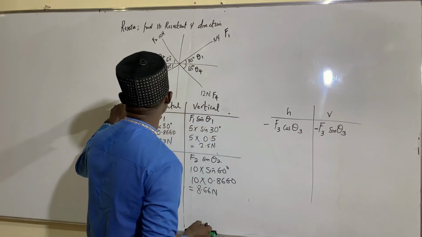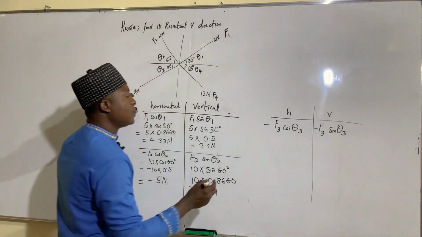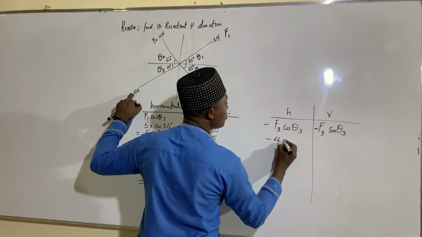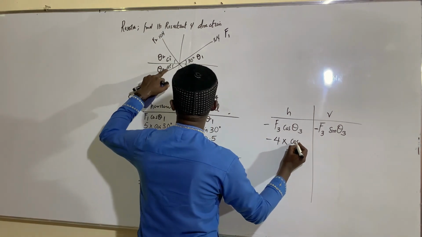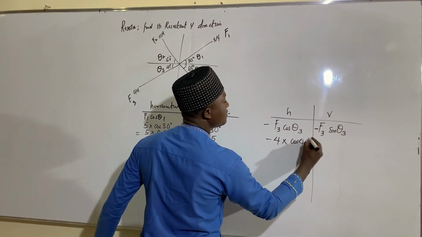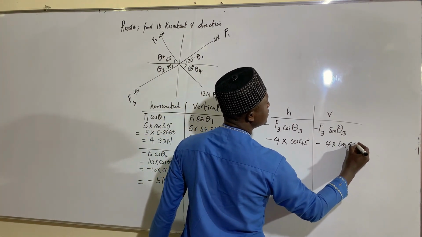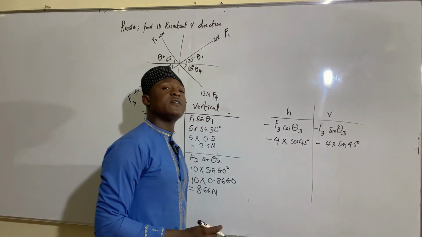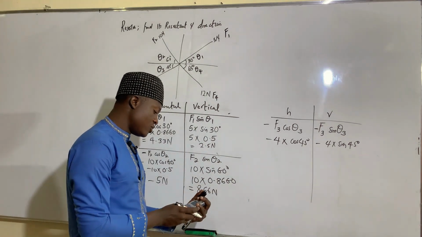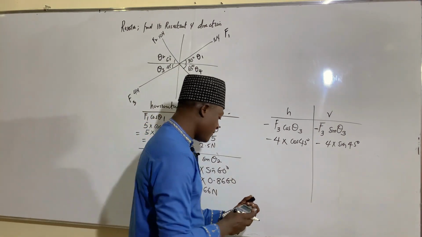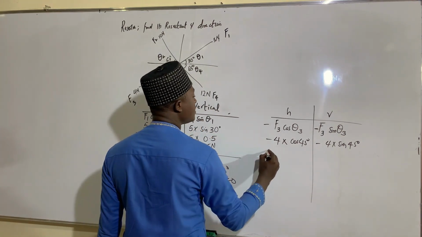So the F that we have in this case is 4. That's going to be minus 4 multiplied by cos. The angle we have is 45. This one is also 4 multiplied by sine 45. What luckily for us, sine 45 and cos 45 are the same. If you check your calculator for cos 45 and sine 45, your answer will be 0.7071.